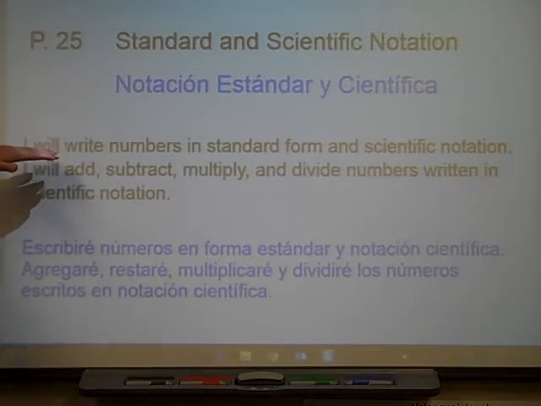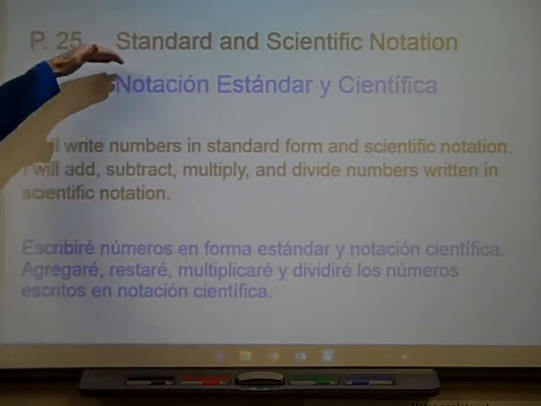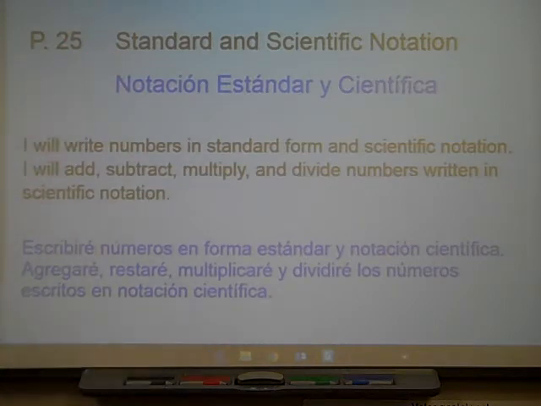So this can be written on a line below the top where you wrote standard and scientific notation. And then the goal again, I will write numbers in standard form and scientific notation. I will add, subtract, multiply, and divide numbers in scientific notation. And we will talk about what standard form is, and we will talk about scientific notation.